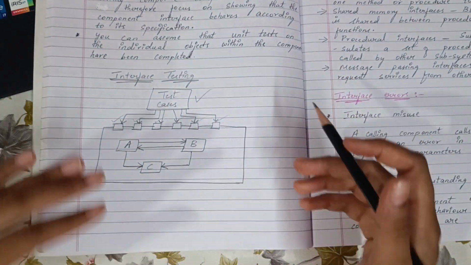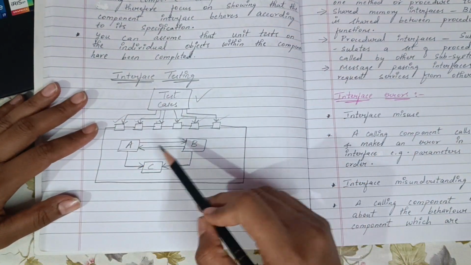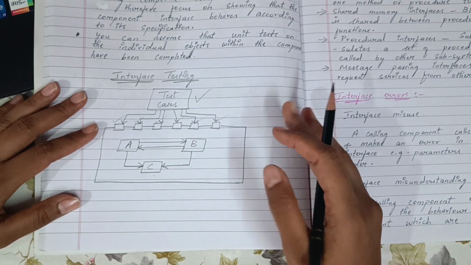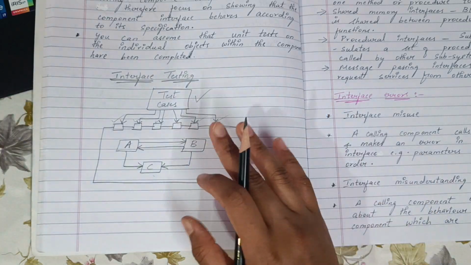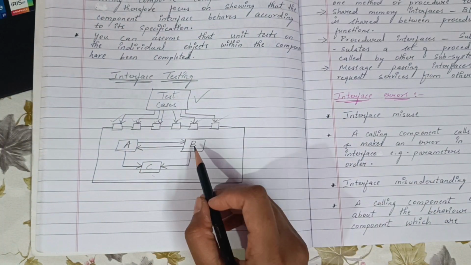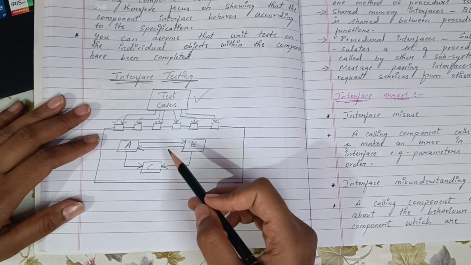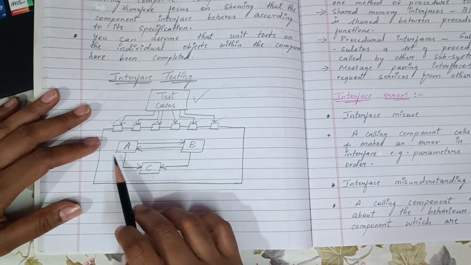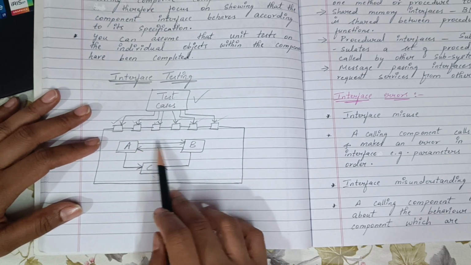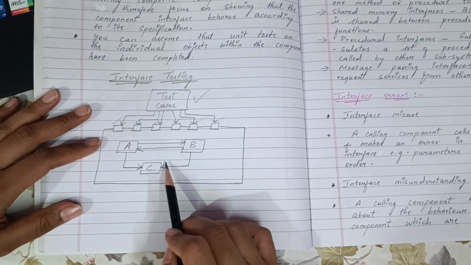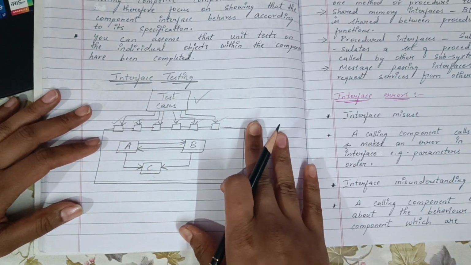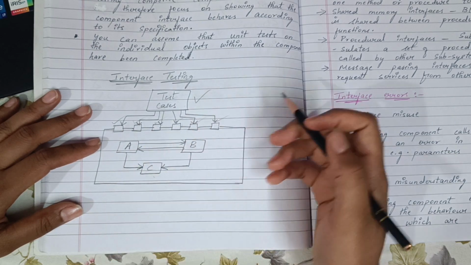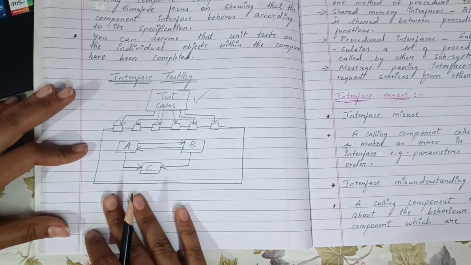Here A, B and C are some components. There can be multiple components, more than these three, but for example here there are a few components, or modules, as you can also call them. Based on the different inputs, these lines are nothing but the data being processed, or the input given between the components, and we are testing whether they are interacting properly or not.